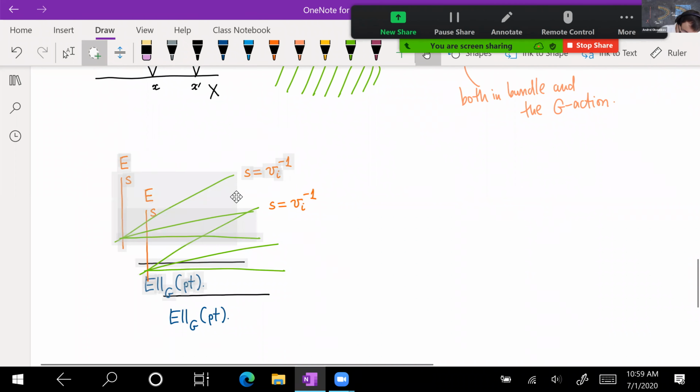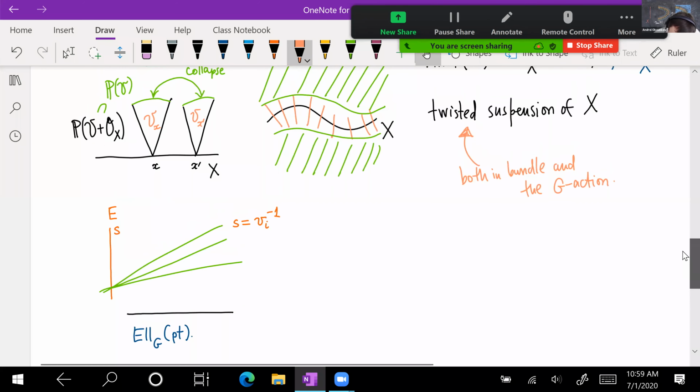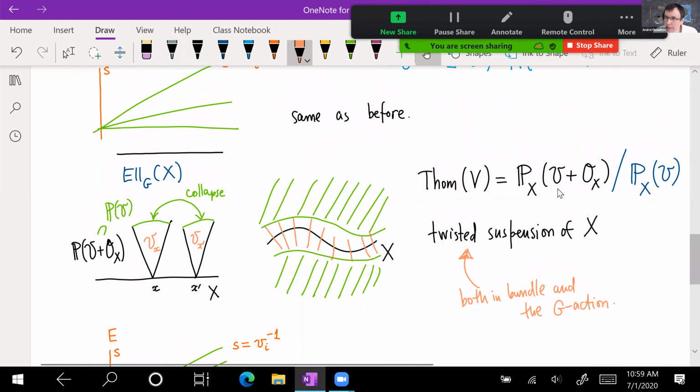Yeah, it's still here. Now the new thing is that I have a projective space, and I had some vector bundle V, but now I also have a trivial piece.